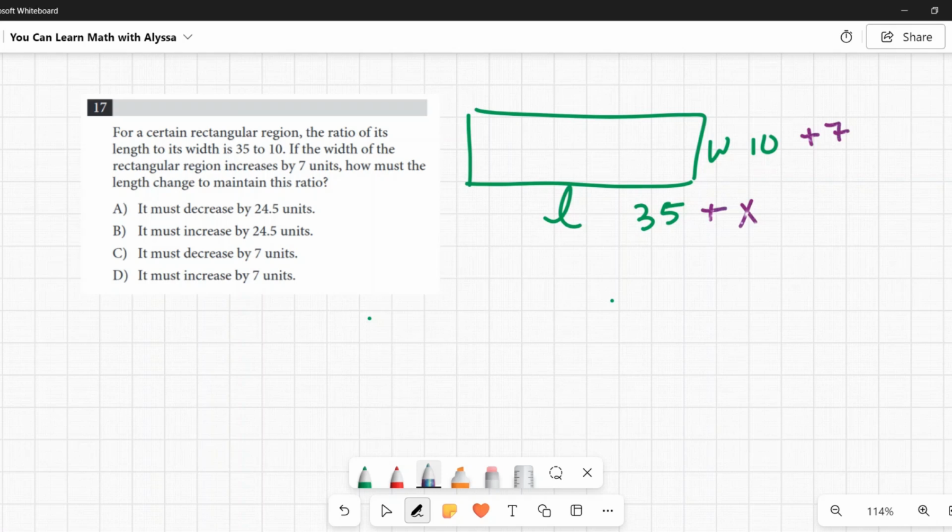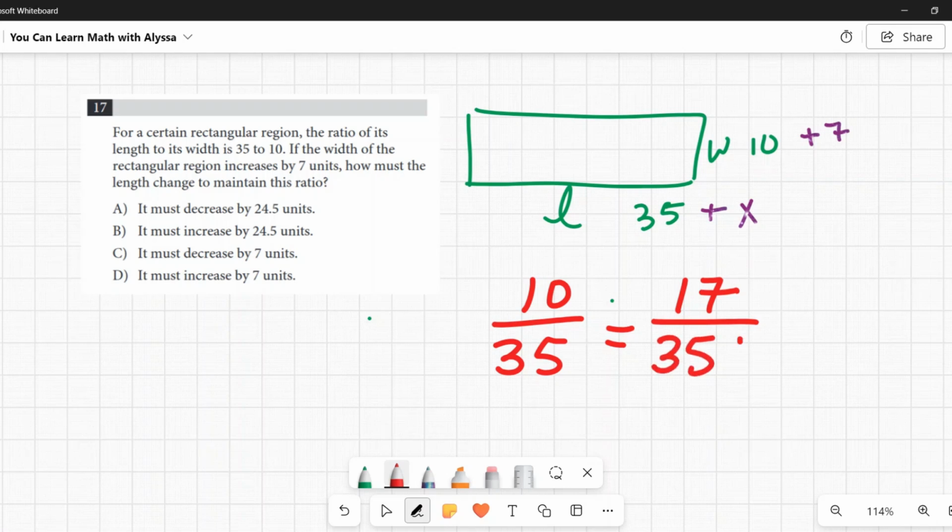Okay, so I'm going to set up a ratio. It started, the width was 10 and the length was 35. And then 10 plus 7 on the top, the width went up to 17. And the bottom went up by some unknown amount. And I can solve it just as it is.